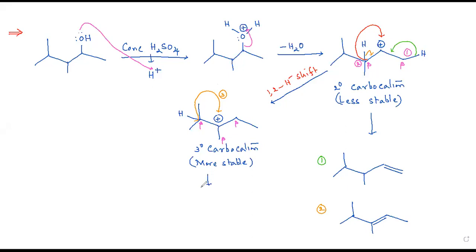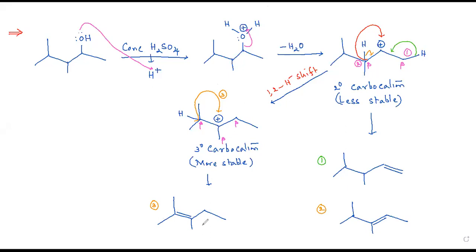What do we get? 6. Now this is okay. This is okay. We get a double bond over here with the possibility number 3. This is what we get.